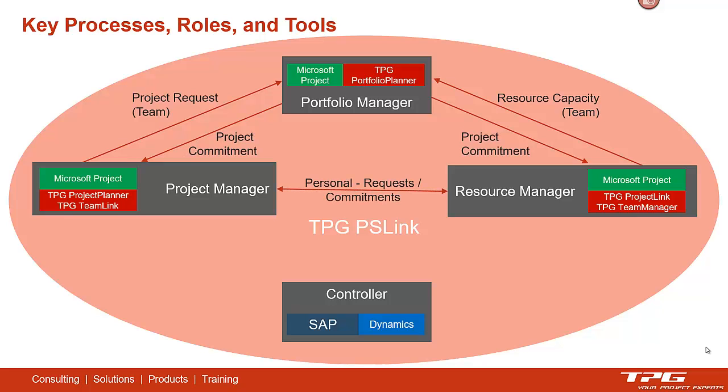Between project managers and resource managers, we usually have a personal request and commitment exchange. So projects are requesting resources from teams, and the team managers or resource managers will commit resources based on their availability.